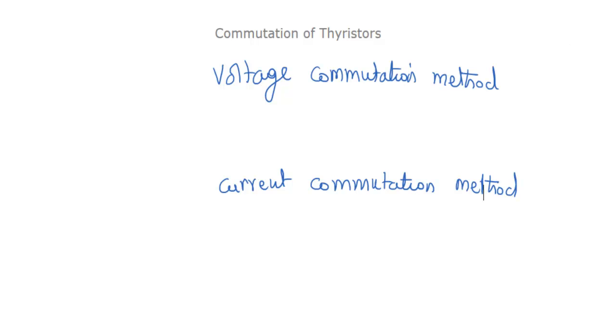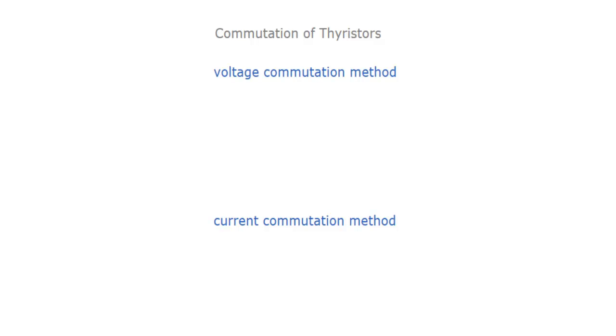So what are these voltage commutation and current commutation methods? We'll discuss with the help of examples, small circuits. So here, assume you have some circuit with a conducting thyristor like this.